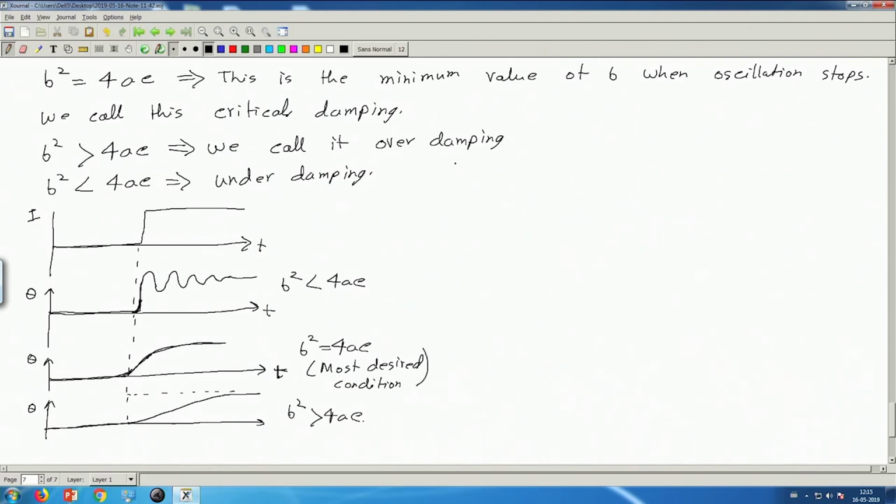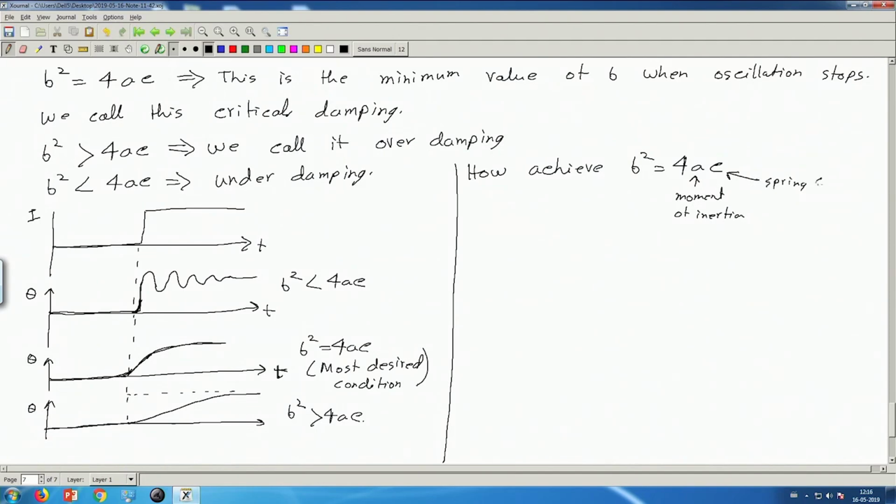Now, how can we achieve B square equal to 4AC? Note that A is the moment of inertia, which depends on the weight, the mass of the moving system. C is the spring constant, and B is the damping constant.